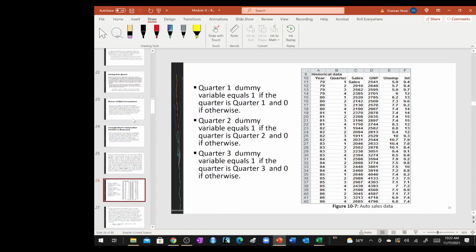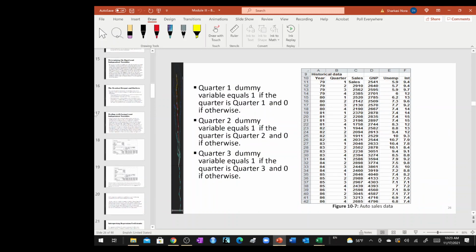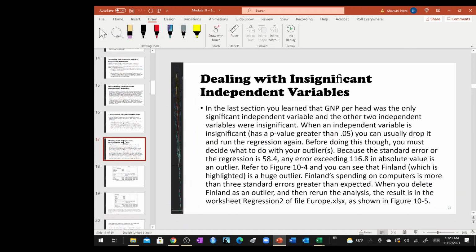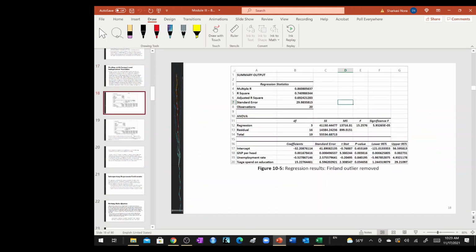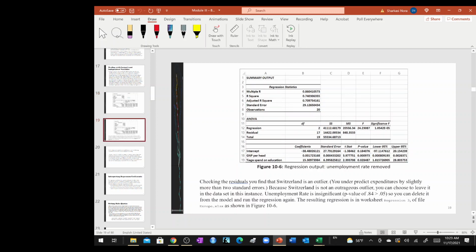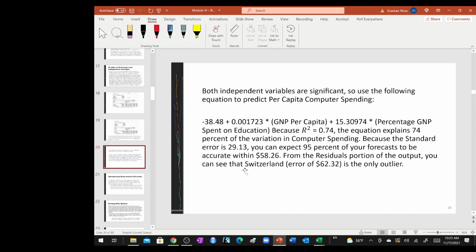I'm really sorry. Where is the Europe one? What's happening to me? Here. This is the Europe one, finally. So here's the data exactly like ours, 0.001723.